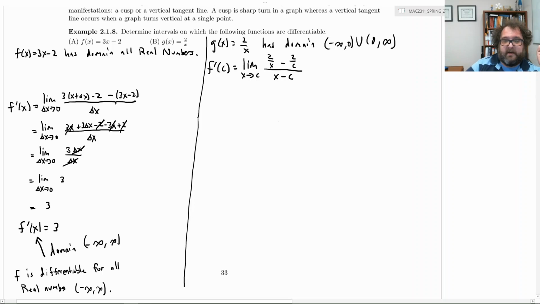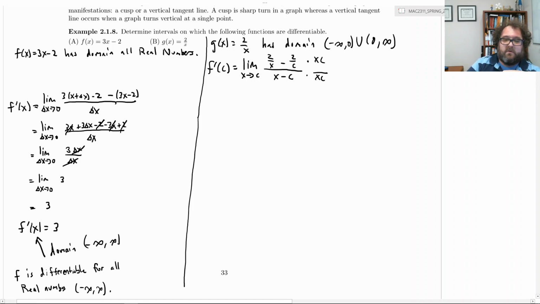But what if I multiplied up here by xc? That is the least common multiple of these 2 denominators. But of course, I can't just multiply on the numerator and not do the same on the denominator. So I multiply by x times c over x times c.